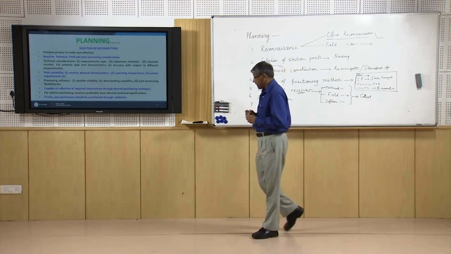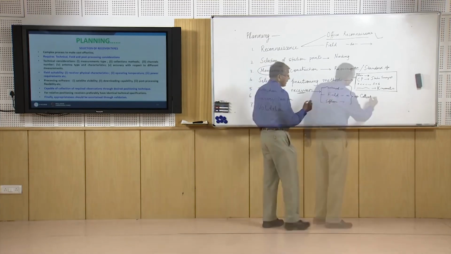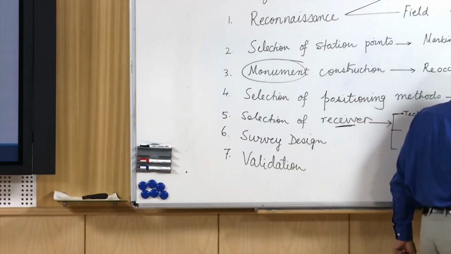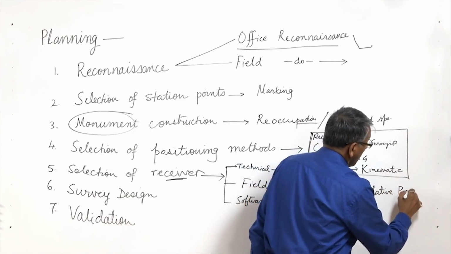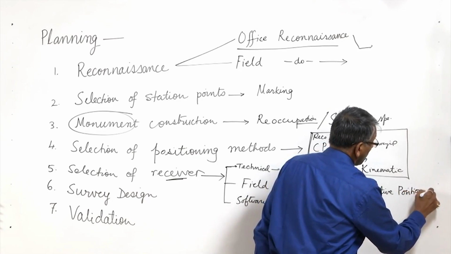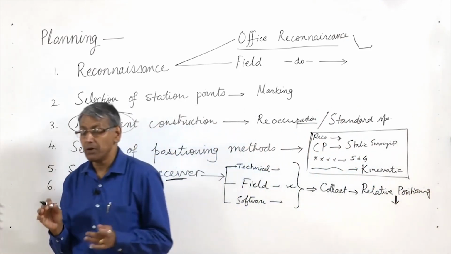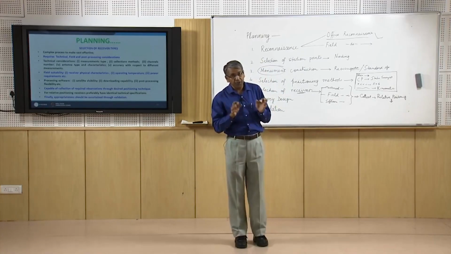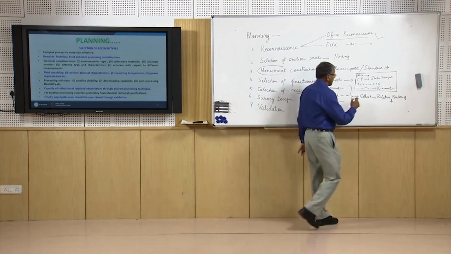So, that is important. And one more thing, if we generally go for relative positioning, it is important to know that for relative positioning it is always advisable to go for receivers of similar type in base as well as rover.